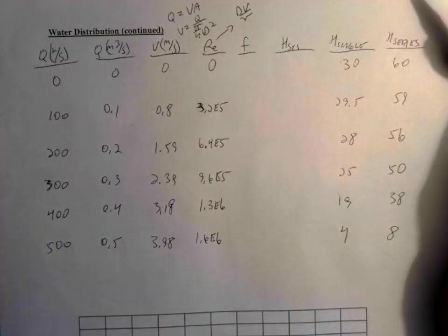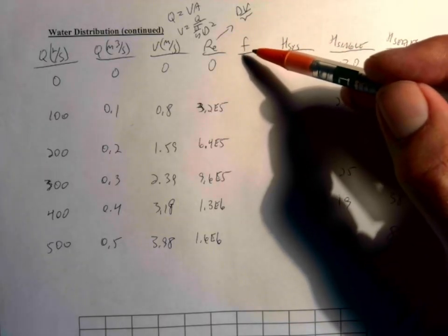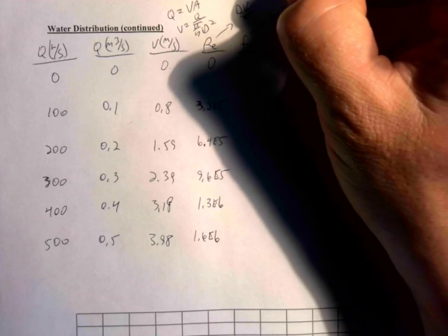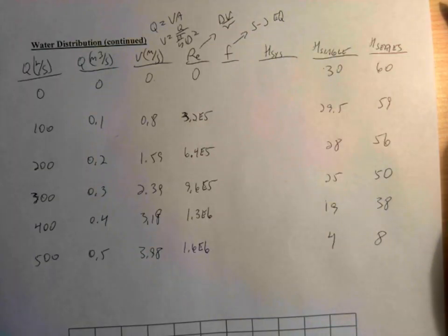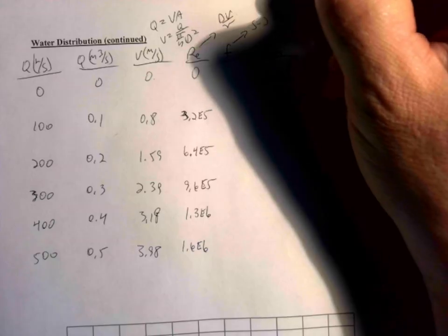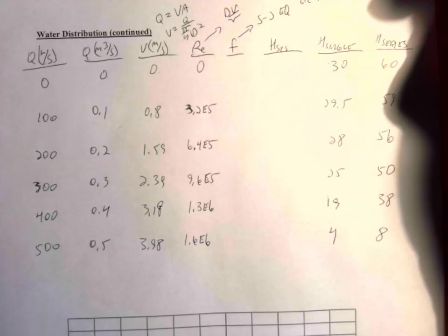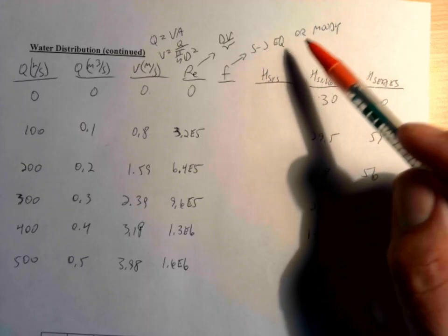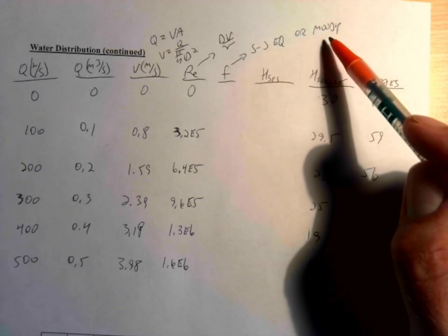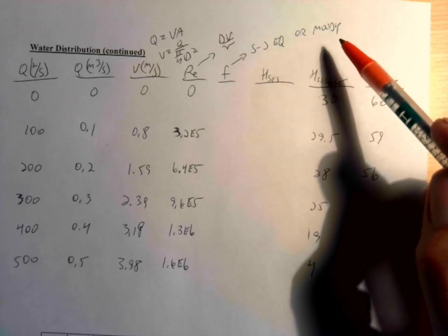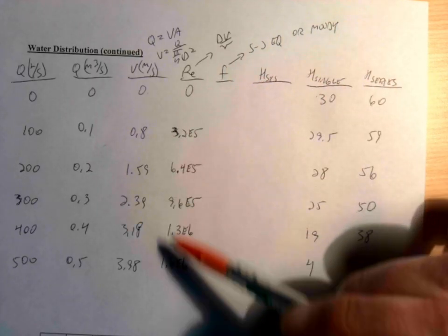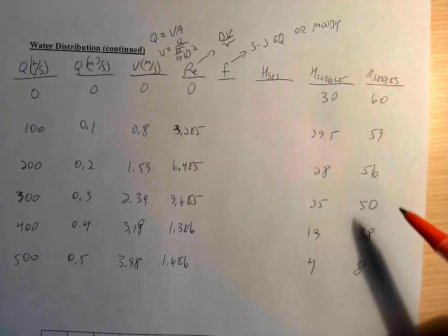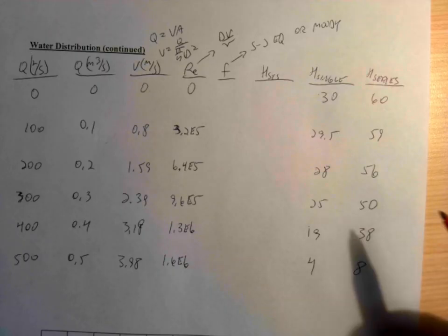Then to get the friction factor, you can get this from the Moody chart. If you're doing it with the computer, you might want to use the Swamee-Jain equation. I've done other videos where you look at how you can use the Swamee-Jain equation or Moody to do that. You need both the relative roughness from the last page, 0.00011, and the Reynolds number here, and then the Swamee-Jain equation takes those two inputs and you can use it to compute f.